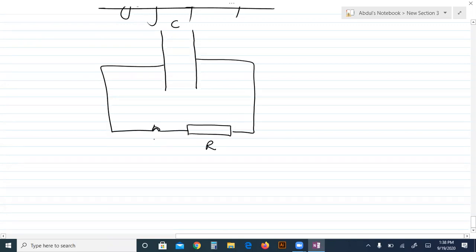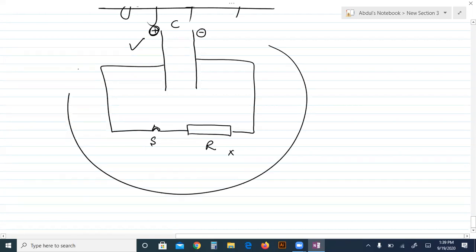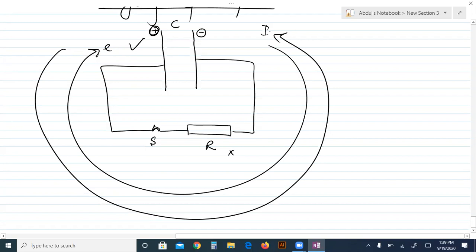When the switch is closed, this capacitor is at the high potential and the resistor at the low potential, so the current flows from high potential to low potential. This is the positive terminal, this is the negative terminal. Electrons will flow in this direction, but the current will flow in this direction. And the rate of flow depends on the resistor value, because this resistor is controlling the current.